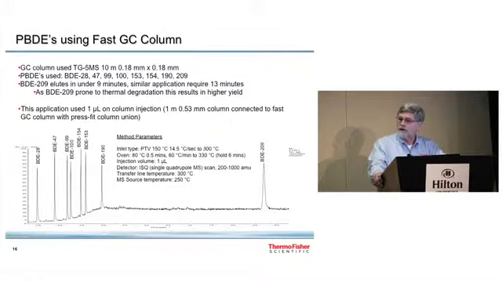So you're getting 4 minutes off of your run. And we still have resolution for the first groups of compounds coming off. This is with a 1 microliter injection and with a pre-column, 0.53 millimeter.